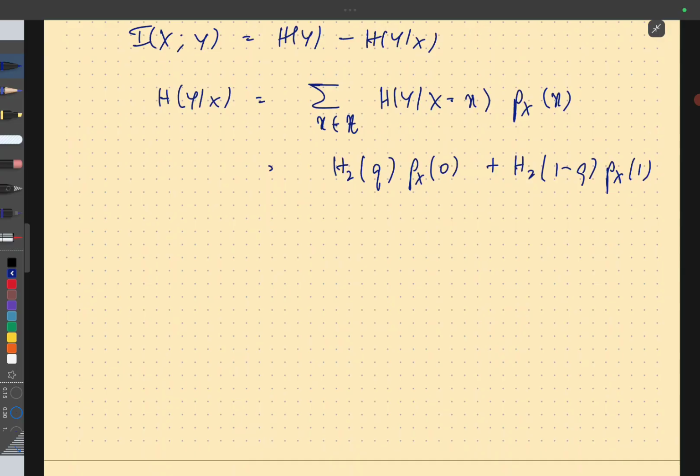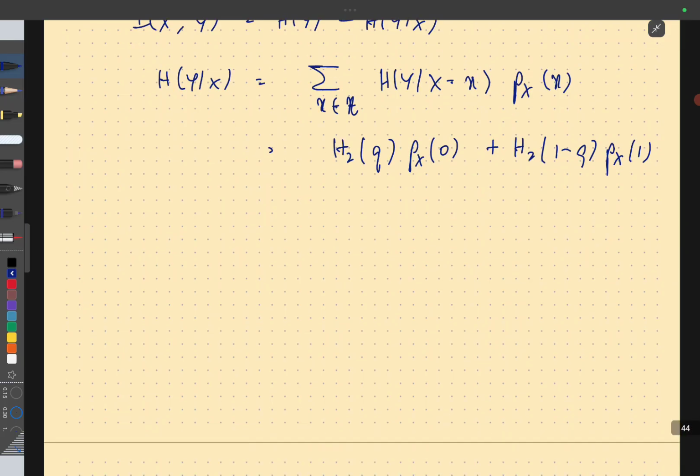It is the binary entropy of q and the binary entropy of 1 minus q, which are the entropies corresponding to (q, 1 minus q) and (1 minus q, q). But we know that entropy is the same even if you relabel the alphabet.